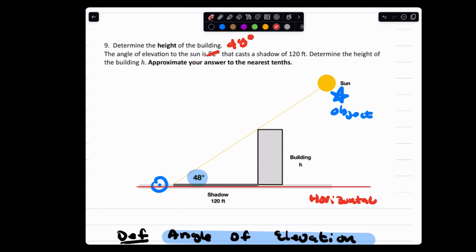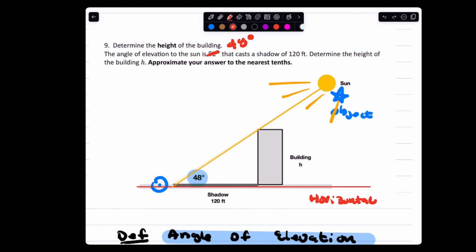So if you guys don't know, remember here, the sun has all these rays, right? But then what's happening with the building? The building is blocking those sun rays. So this sun ray gets through at the very top. What do they want us to find? They want us to find the height of the building.